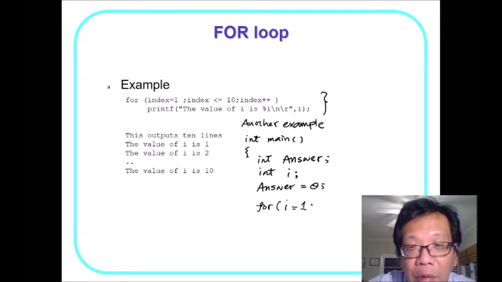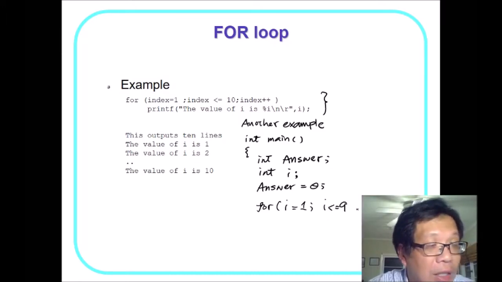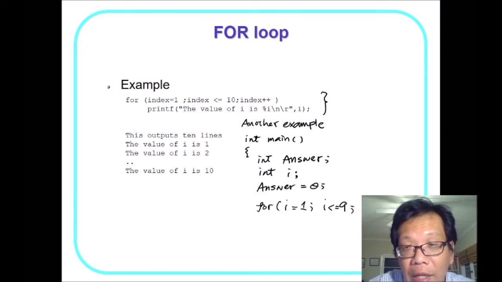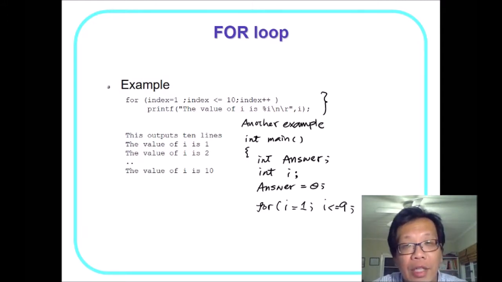It means I'm going to start my number i as 1. Then I'll repeat that 9 times because i is smaller than 10. Then i plus plus. It means that within this loop, every time I go around it, i is going to be increased by 1.